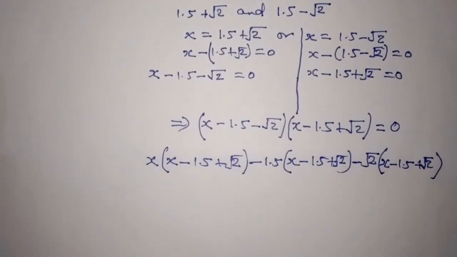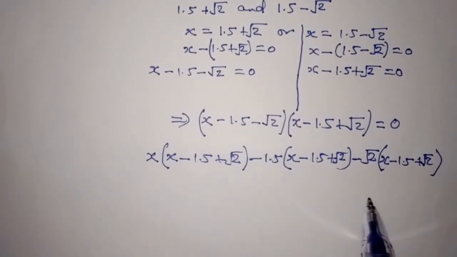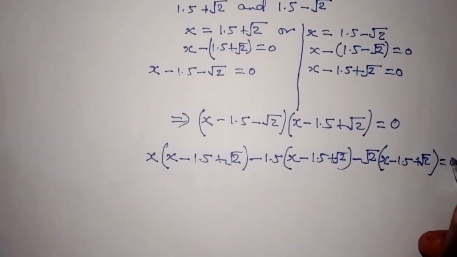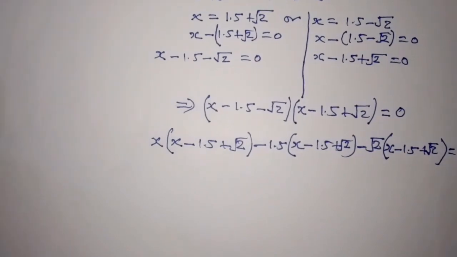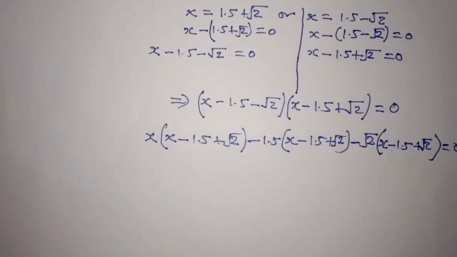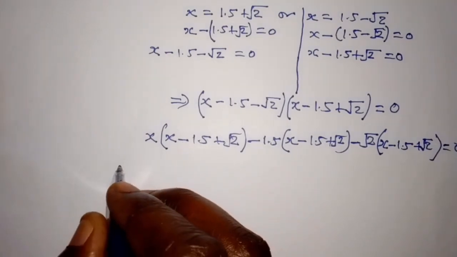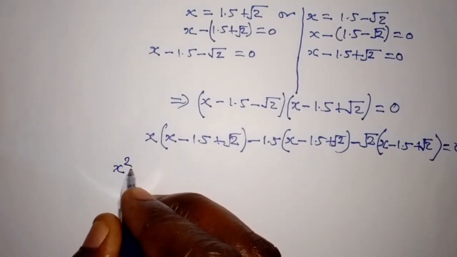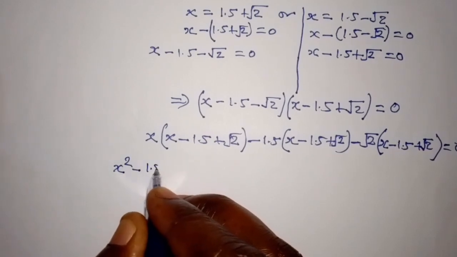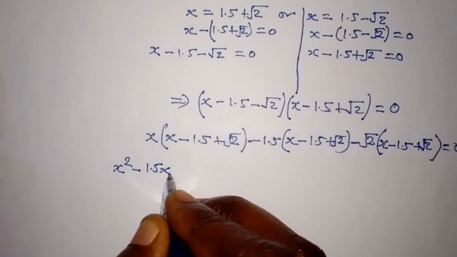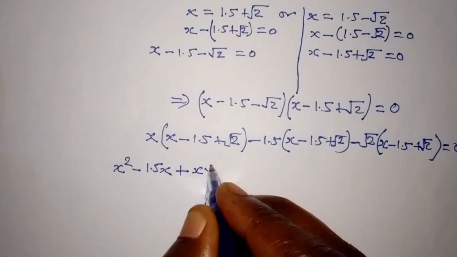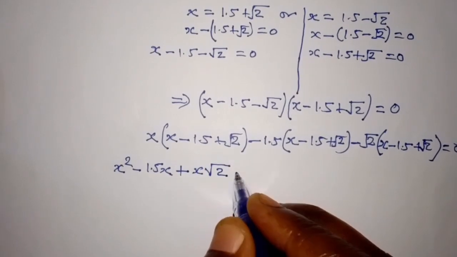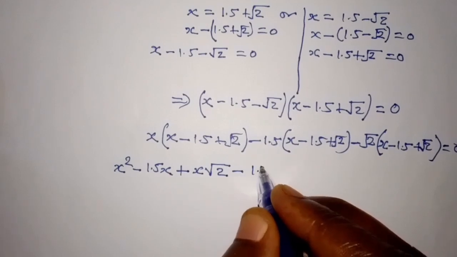So now we can expand this equation. This is giving us a 0 here. That is 0, giving us 0 here. So we can now expand this equation. You can say that x times x is x squared minus 1.5x plus x square root of 2 minus 1.5x here.